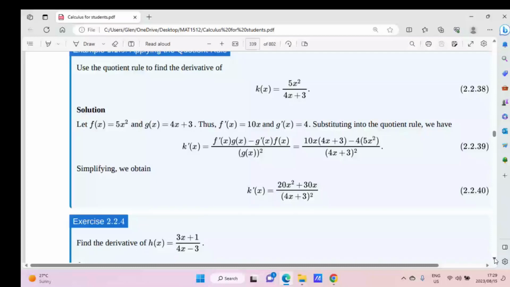Okay, so my final answer is 13 over 16x squared minus 24x plus 9. Please repeat. 13 all over 16x squared minus 24x plus 9. Okay, I captured that. Now it's your turn.